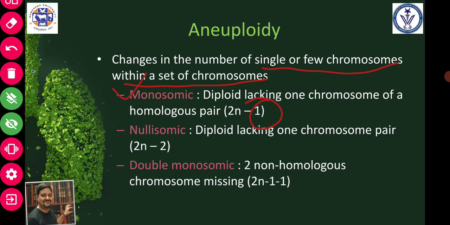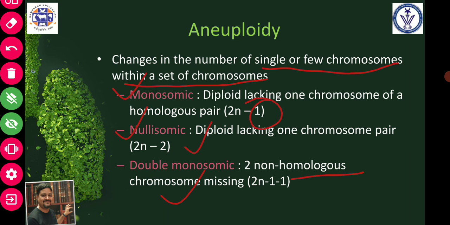Another one is nullisomy. Here the diploid set of chromosomes will have one pair of chromosomes less. So this is 2n minus 2. Then double monosomic. Double monosomic means two non-homologous chromosomes will be missing. It is important to note that here it is two non-homologous chromosomes.